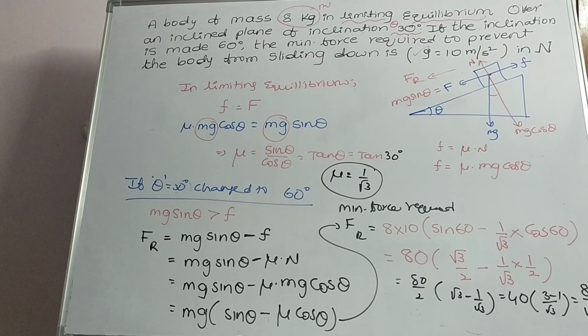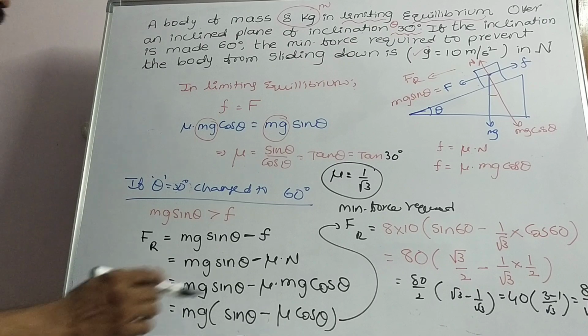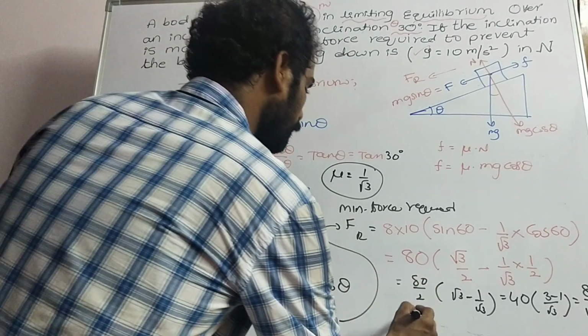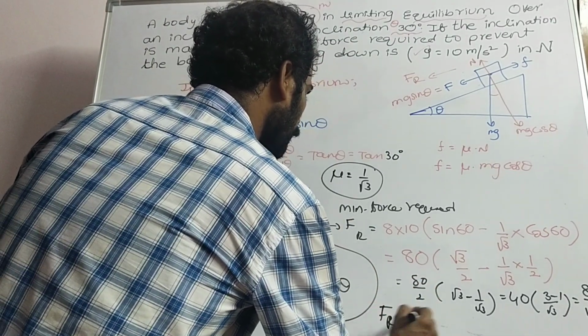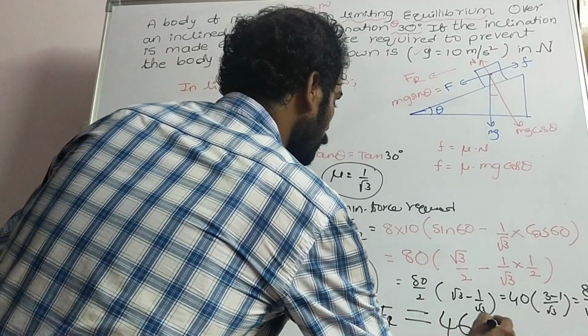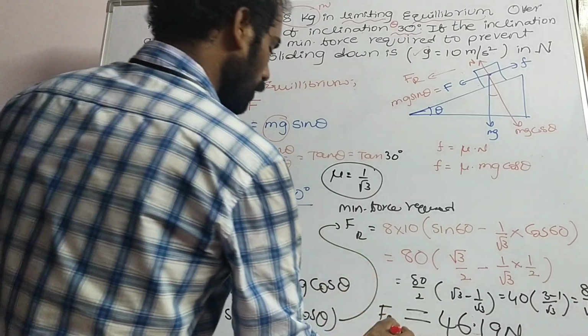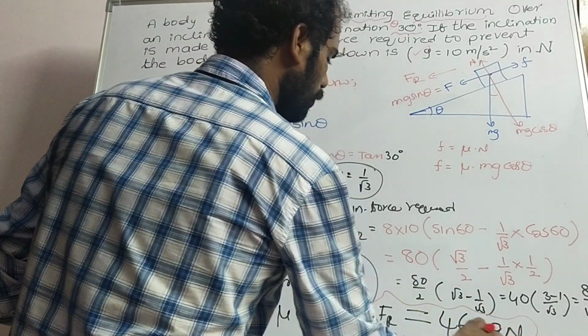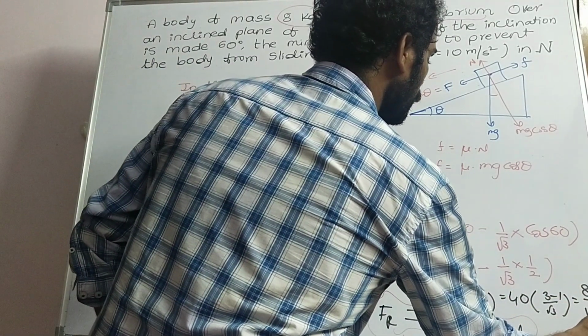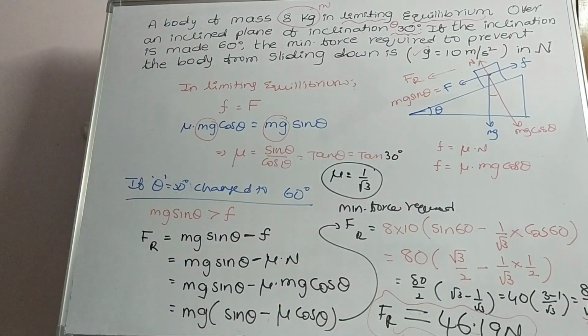If it is simplified, we can get 46.19. Fr is equal to 46.19 Newton. So the answer will be 46.19 Newton, or simply 80 by root 3 Newton.